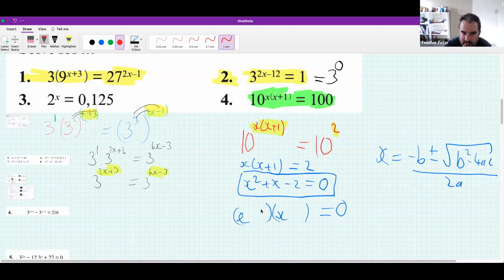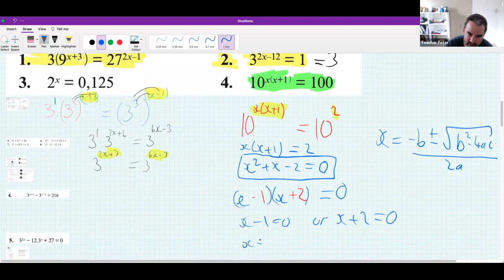Okay, so we have 2 and 1, and then we're going to have plus minus, and then we are going to have x minus 1 is 0, or x plus 2 is 0. And so, Stephen, I think you were correct. You're going to get x is 1, or x is minus 2. So those are my 2 answers.